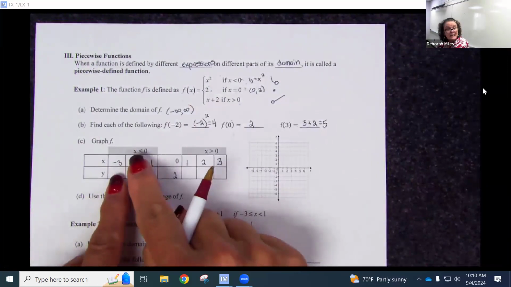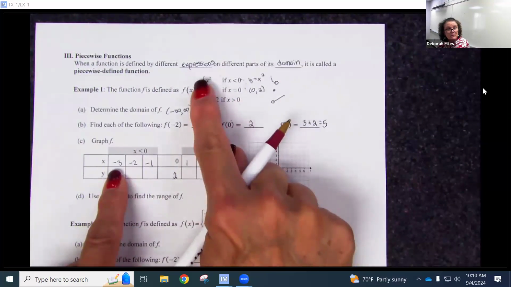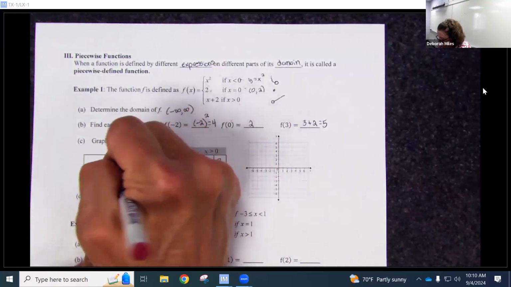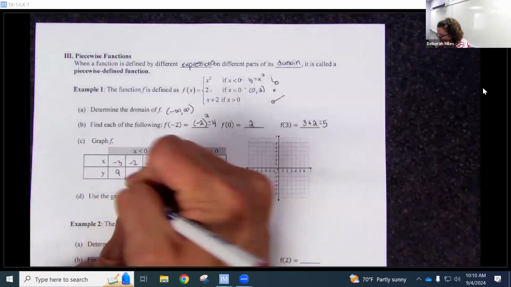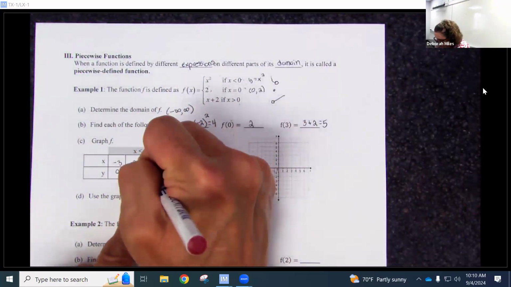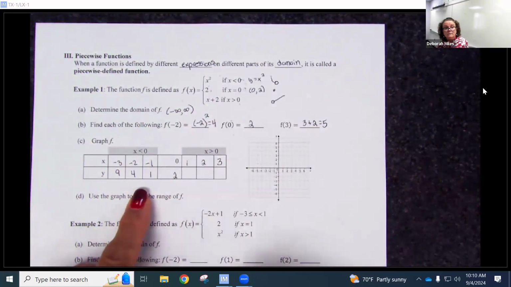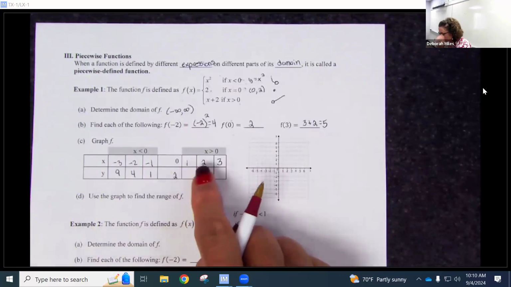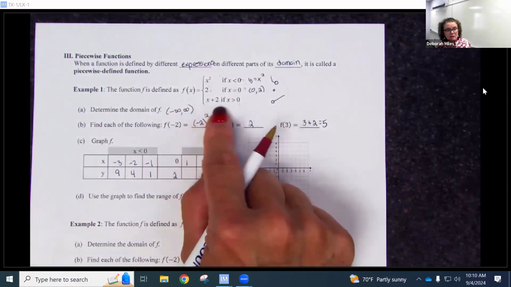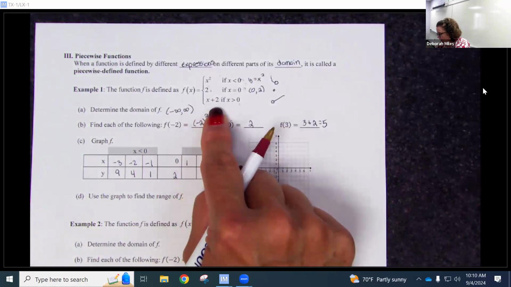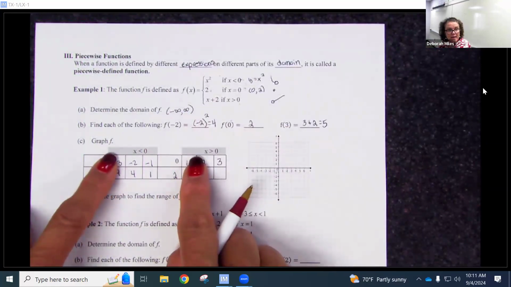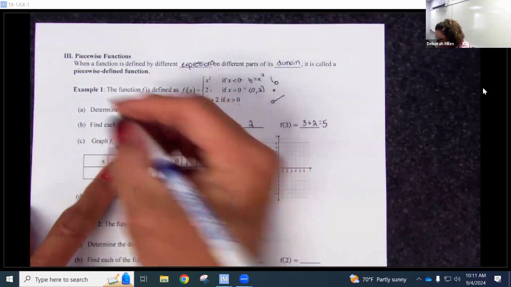When I'm plugging in negative x's, I'm going to square them. -3 squared is 9. -2 squared is 4. -1 squared is 1. When I plug in these positive x values, I'm plugging them into the last part of this function. You know what? I think I'd like to write in this gray area for x is less than 0.